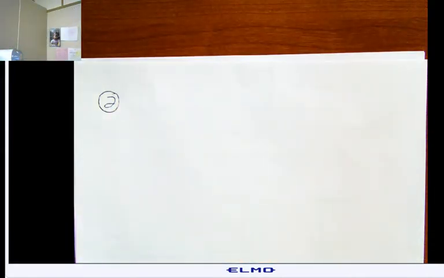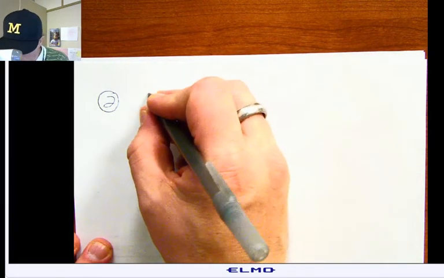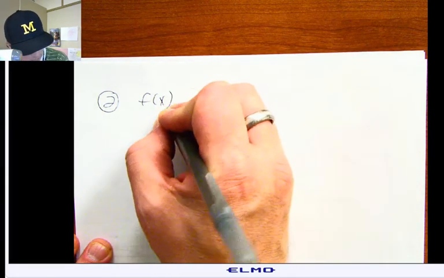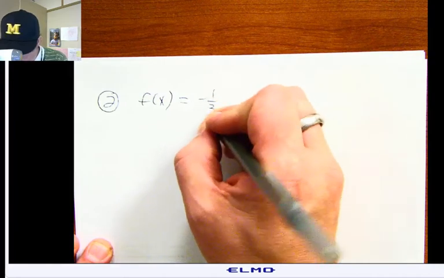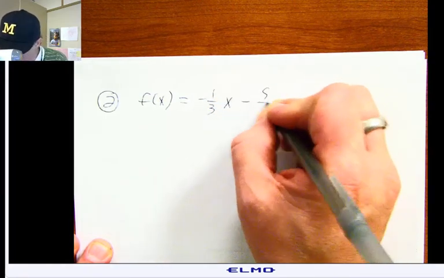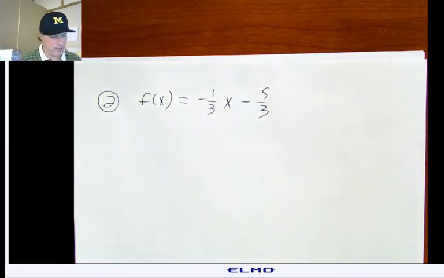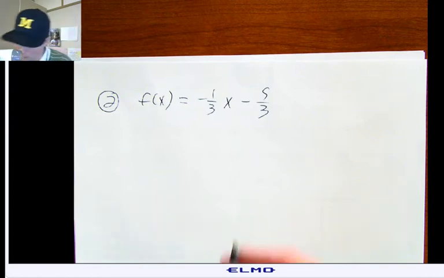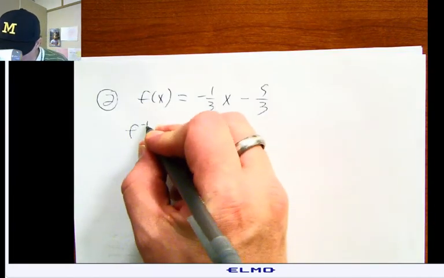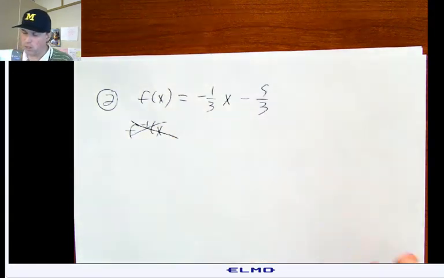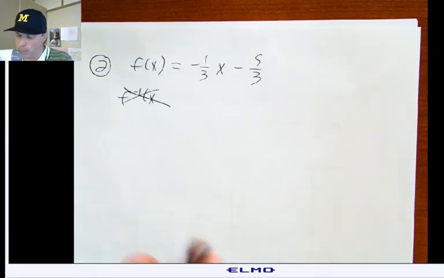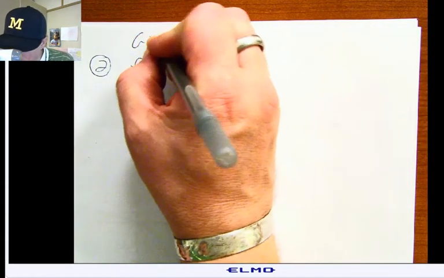I'm looking at number 3 from your homework from last night, when f of x was equal to negative 1/3 x minus 5/3. And then when we did the inverse of that one, we ended up getting f inverse of, no, wait. We don't do that yet. I'm sorry. And number 2, this is what we want to say.